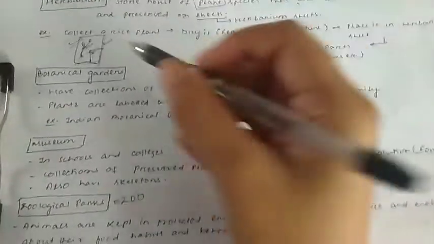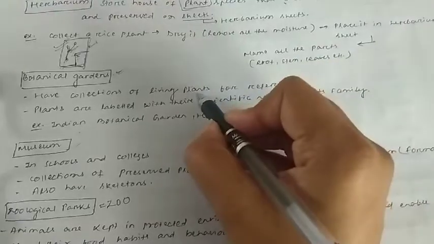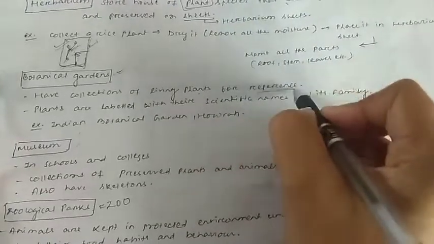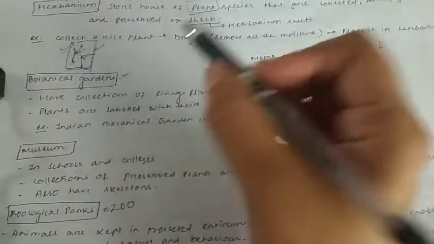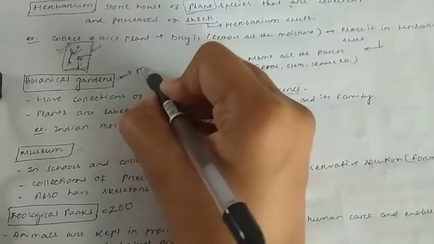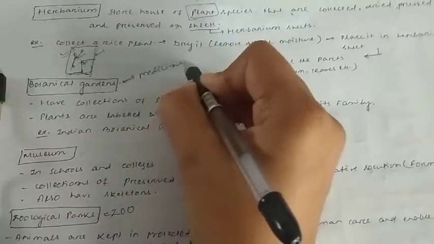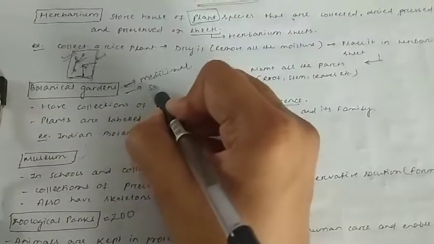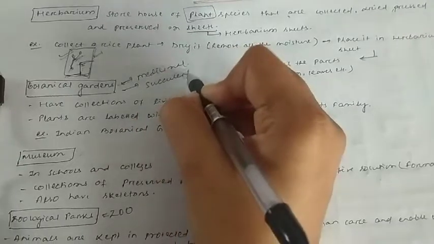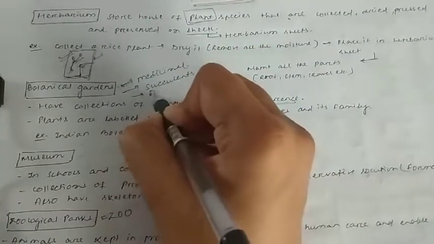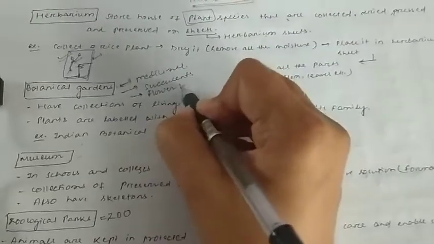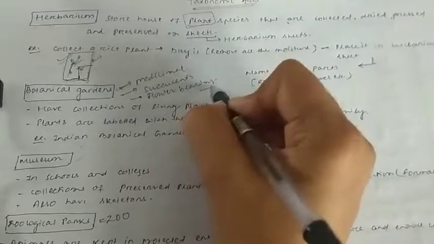Okay, second one is the botanical garden, and the botanical garden has a collection of living plants which are for reference. A botanical garden can have many medicinal plants also. They can have succulents, they can have flower bearing plants, which you call angiosperms, and all of that.